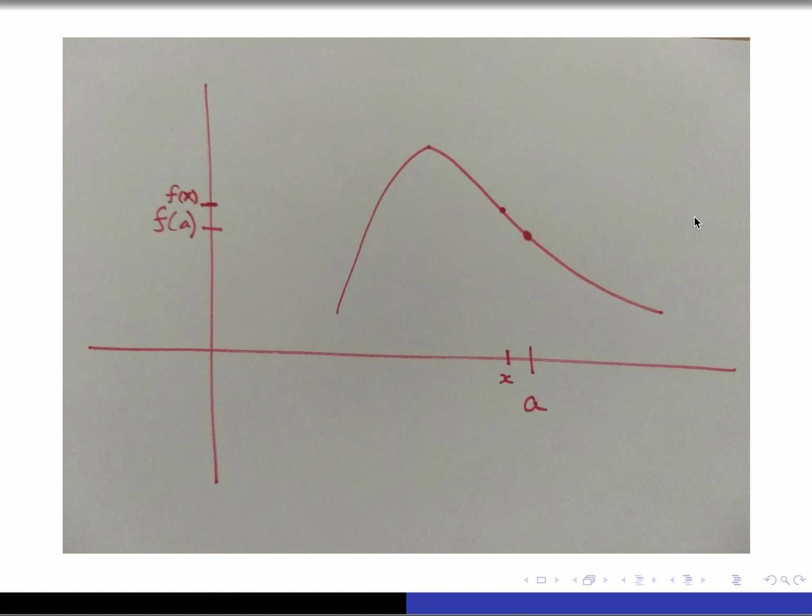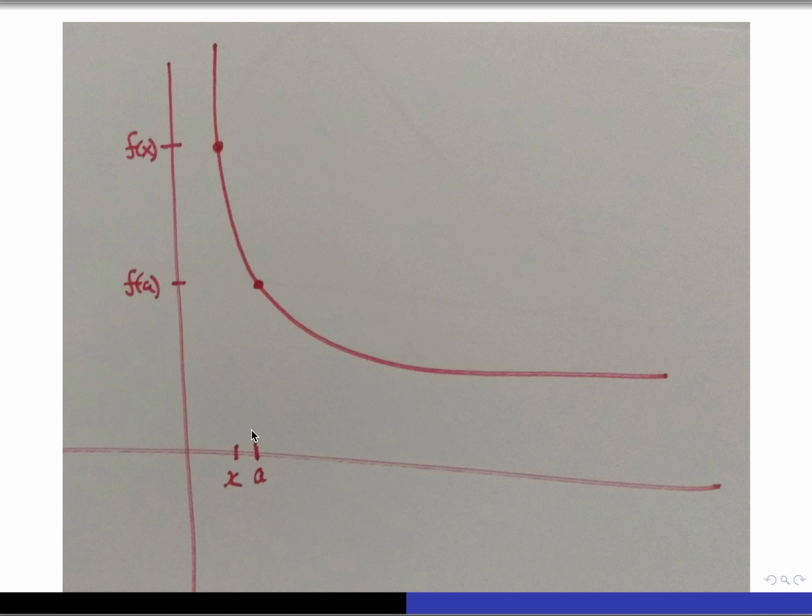And so in the second video, when we talk specifically about what we mean when we say a function is continuous, we're going to have to say how close the outputs have to be and how close the inputs have to be. You could imagine a function with a really steep slope. You may have to get very, very close to that point A in order for your function values to be close to one another.